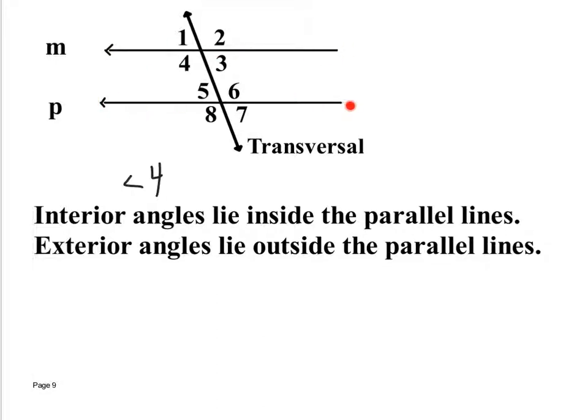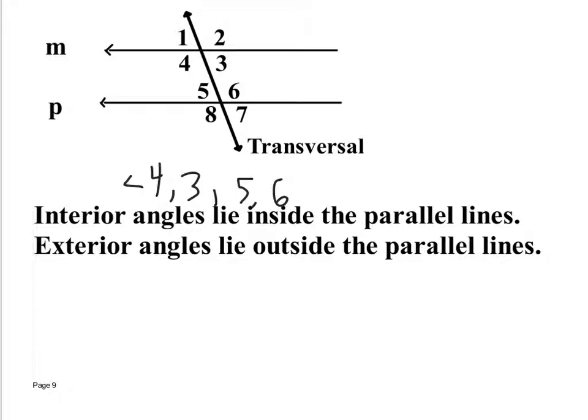Here are your parallel lines. This would be the inside. Sierra, what would be another one? Angle 3. Isabel. Angle 5. And the left one would be angle 6. So 3, 4, 5, and 6 are what we call interior angles. They're on the inside of the parallel lines. And that's going to be key for the next slide. You've got to know this.